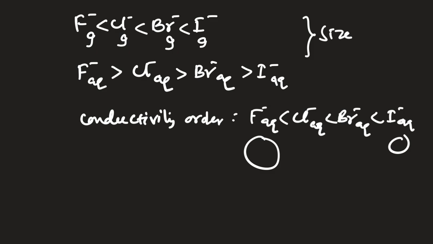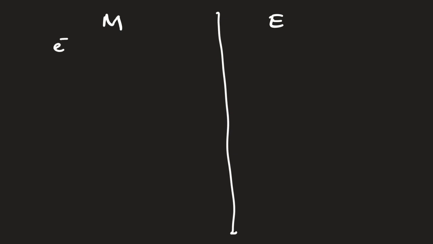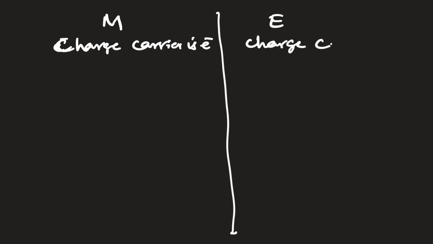Now, what is the difference between a metallic conductor and electrolytic conductor? This is metallic, this is electrolytic conductor. Now, I will write the differences. In metallic conductors, charge carrier is electron. Here, charge carrier is ions, which may be positively or negatively charged.